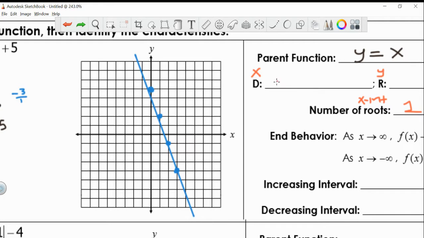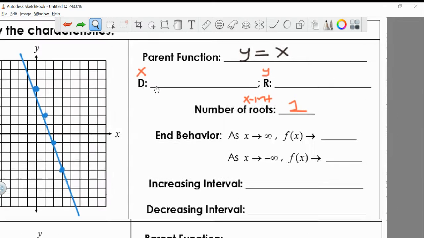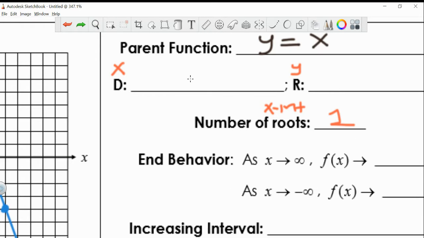Okay. Now, what we're able to do here is write this a few different ways. One way that we could write it is, what is the smallest number where our graph is? And the answer would be negative infinity. And what is the highest number where our graph is? Positive infinity.